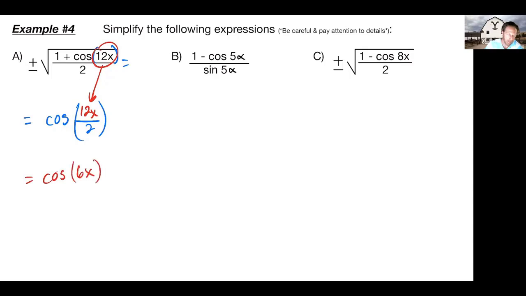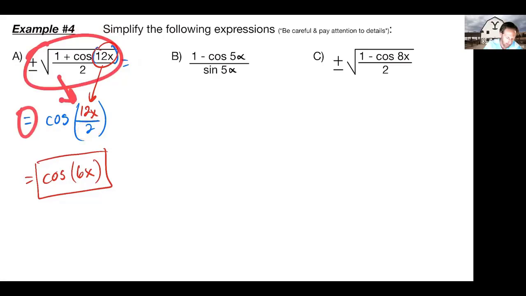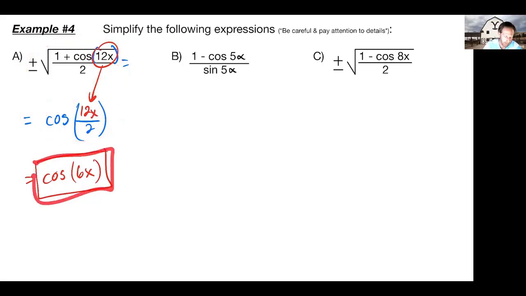If you want to keep the parentheses around it, you can. Otherwise, there is nothing else you can do to simplify that. So you're done. That's it. It's that simple. Okay, don't make some of these harder than they have to be. Just recognize what they've given you is a half angle identity. So this is equivalent to this. We just simplified to get that.